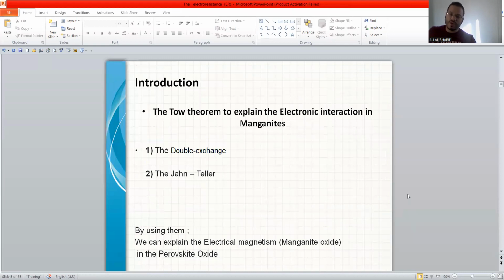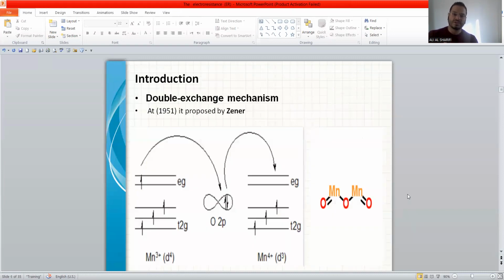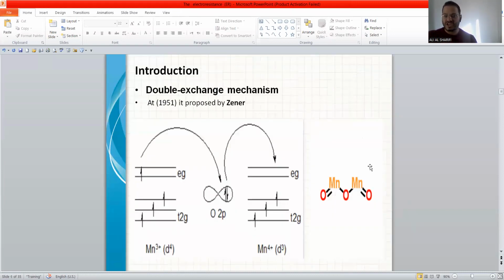By using them, we can explain the electrical properties of manganites, manganite oxide and perovskite oxide. Now here, the double exchange mechanism, in 1955, was proposed by Zener. Zener proposed it. Here, like we know, we have two states.